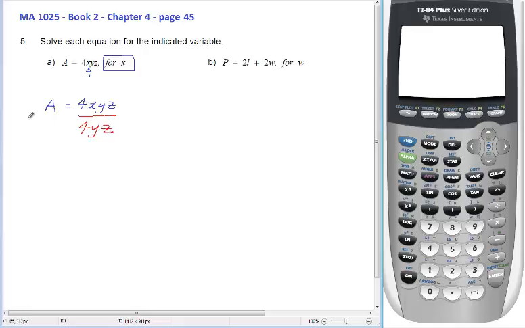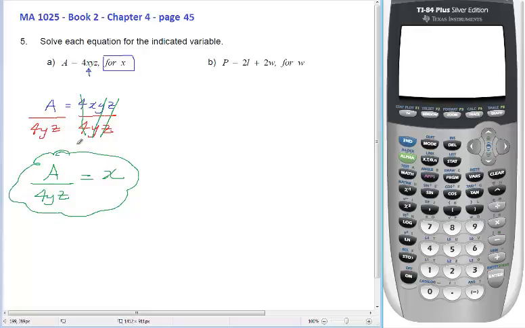If I divide that side by it, I must divide this side by it, right, or each term by it. Now of course you can see what happens. The 4 over 4 cancels, the y over y cancels, the z over z cancels, leaving you with only x on this side and a over 4yz. So that's it, you're done.